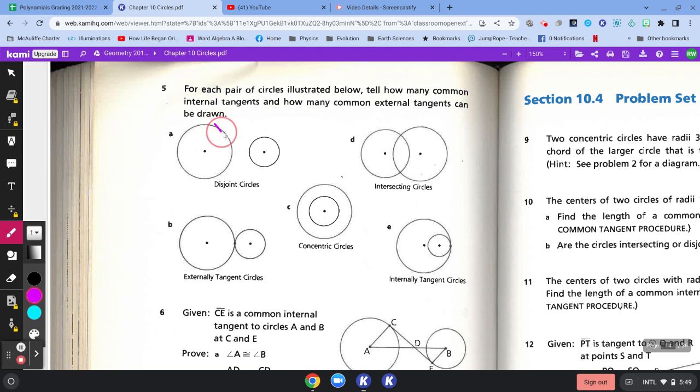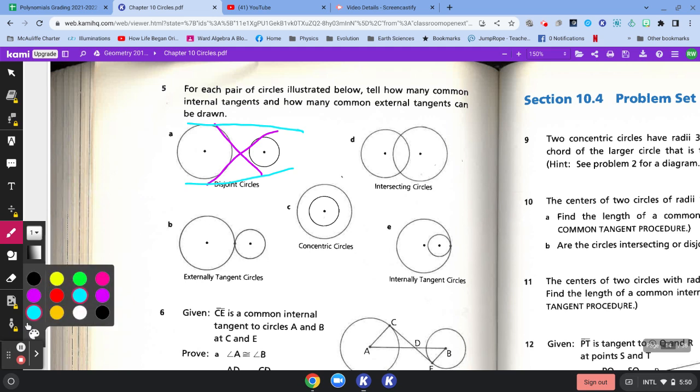We can get 2 common internal tangents. I am not drawing them very well. And we can get 2 common external tangents here and here. Assume those were tangents. Okay. And then B, if you needed to just see that first one, I'll try and draw these a little better.